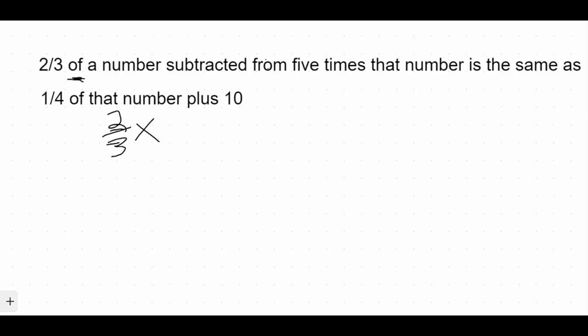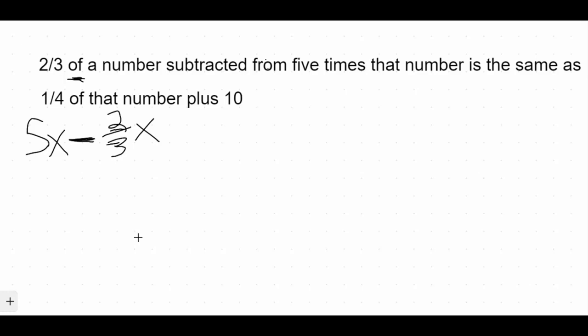And it says that this is subtracted from 5 times that number. So if this is subtracted from, so we're going to minus this from something. So it means that we already have that something, and we are going to subtract the 2/3 away from it. And that's something that we have. So we are subtracting this from 5 times that number. So 5 times that number is just 5 times x. So we have 5 times x, and we're subtracting 2/3 of that number.